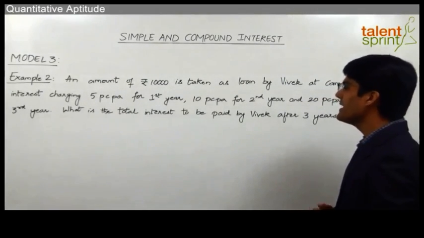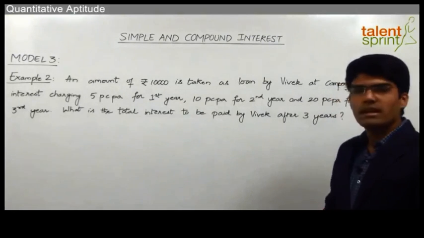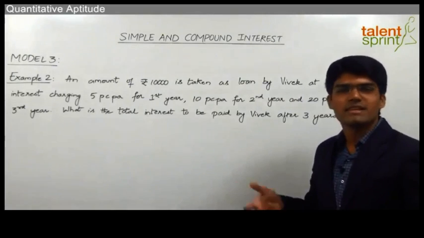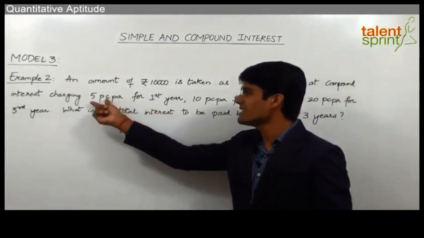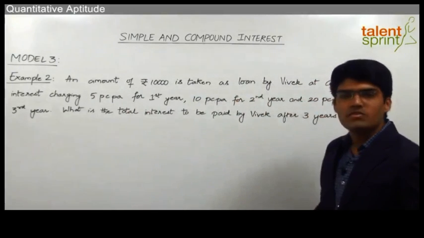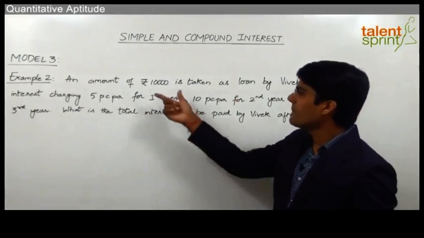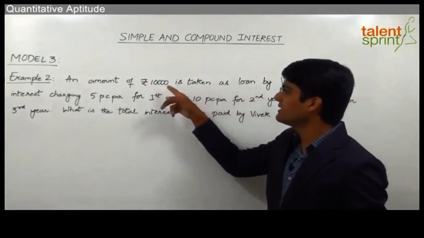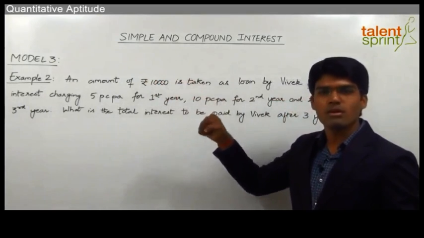What is the total interest to be paid by Vivek after 3 years? So as you can see here, this is a case of varying rates of interest where the interest for the first year is 5%, for the second year is 10% and for the third year is 20%. And the principal amount is 10,000, as an amount of 10,000 is taken as loan. So this is the loan amount, that is the main amount or the principal amount.